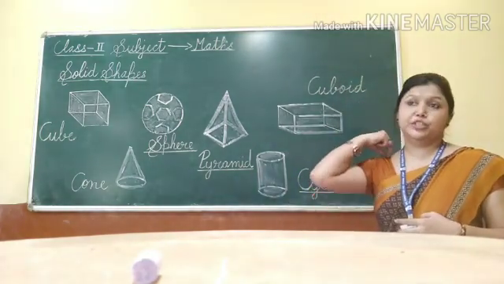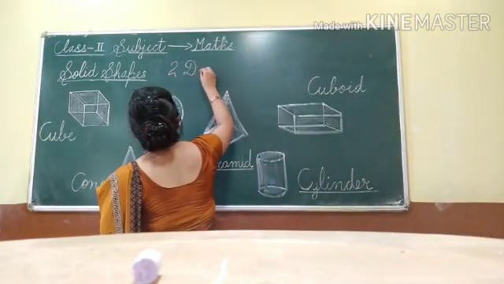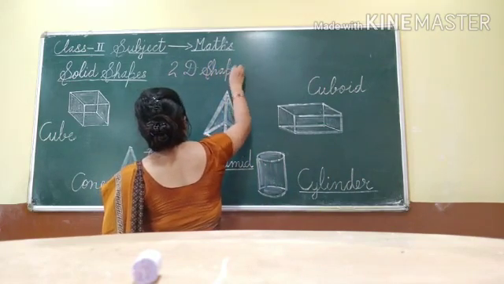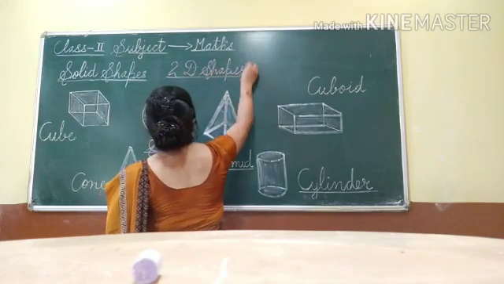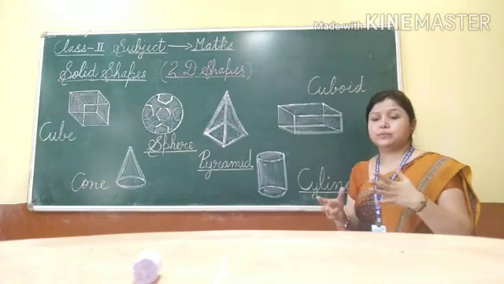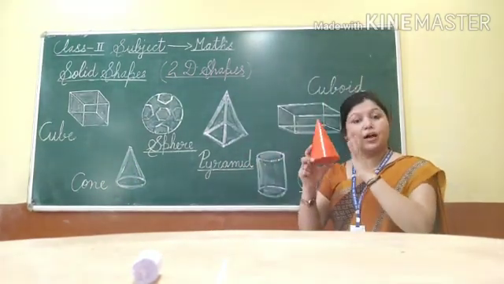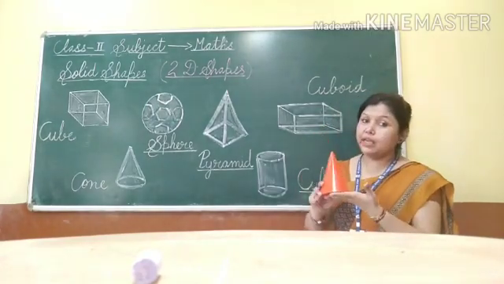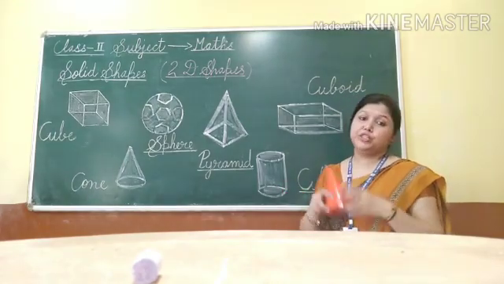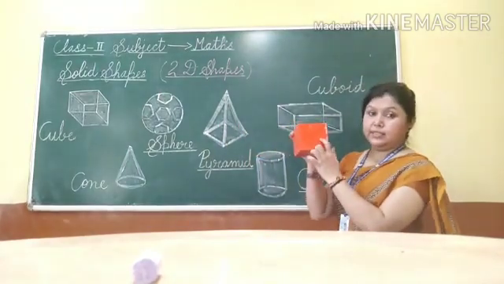What are 2D shapes? By using a solid shape, when we get a flat shape, this is a 2D shape. You can see this.